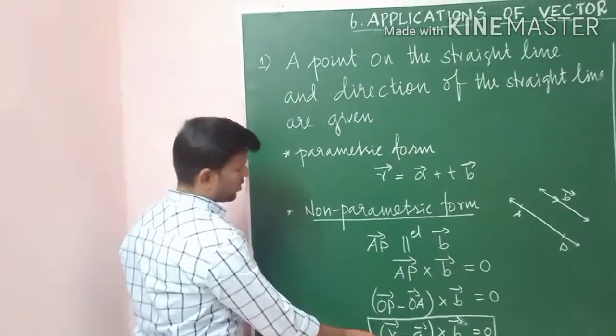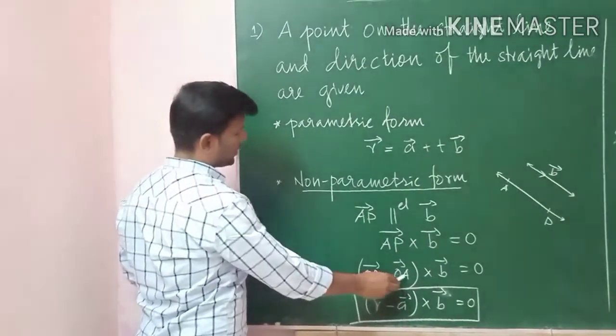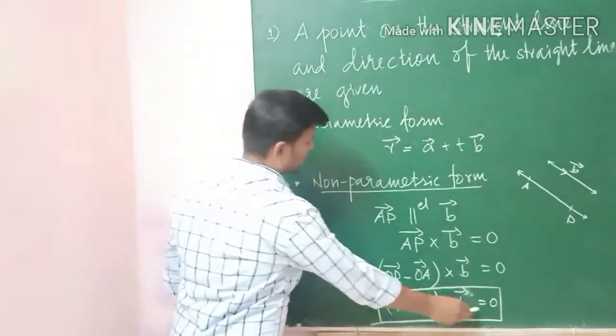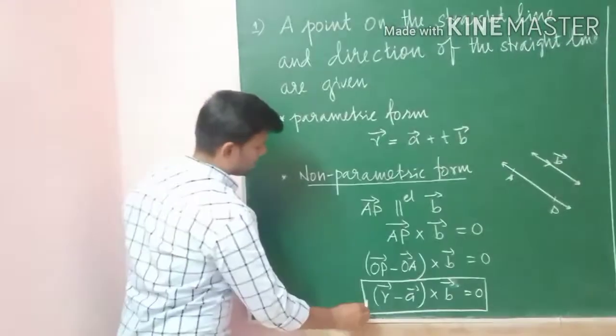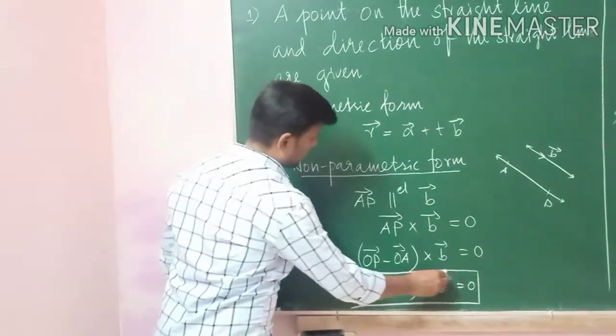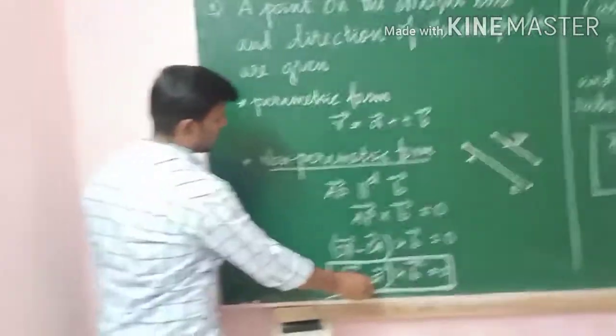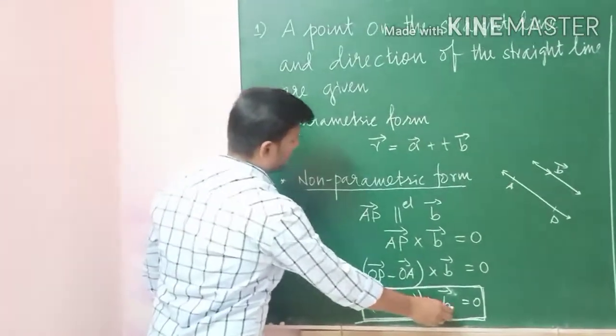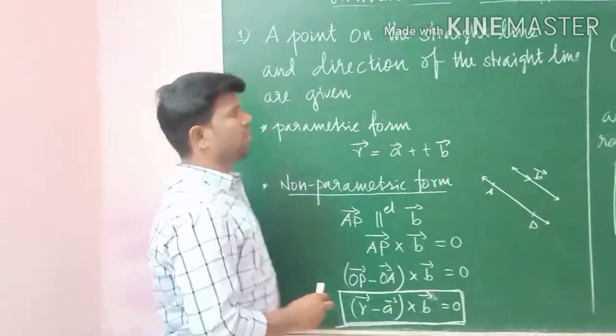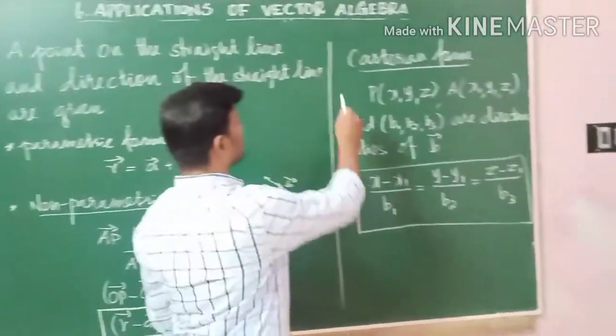This is OP vector R vector minus OA vector A vector cross B vector equal to 0. So this is the non-parametric form of vector equation of a straight line. R vector minus A vector cross B vector equal to 0. Now we are going to learn the Cartesian form.